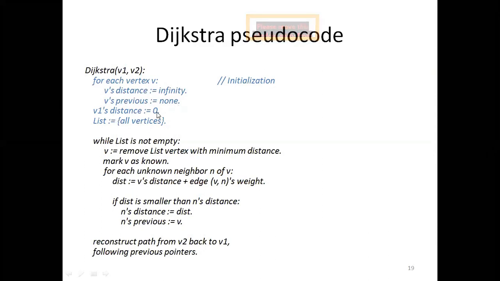V1's distance is equal to 0. The list is all the vertices in the graph. While the list is not empty, that means all the vertices are covered or not. If the vertices are not covered, not computed for some vertices, then we need to continue.